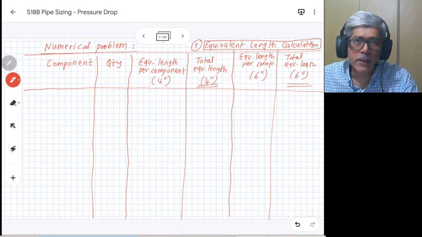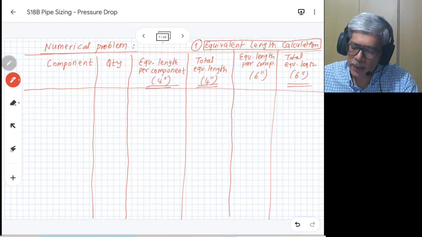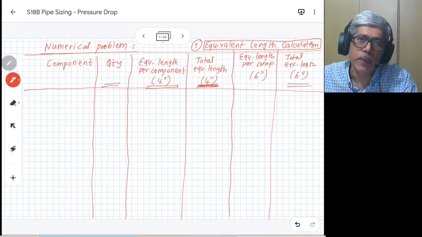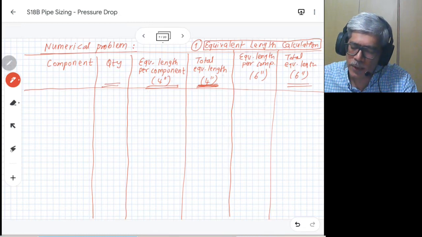Since there are items such as elbows which occur multiple times, we need not calculate for each of the elbows separately. We'll calculate the equivalent length for a single elbow and multiply it by its quantity to get the total equivalent length for all the elbows taken together.